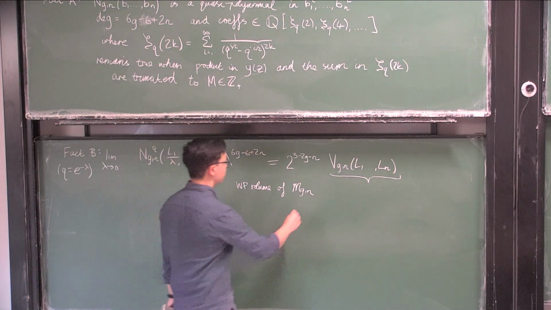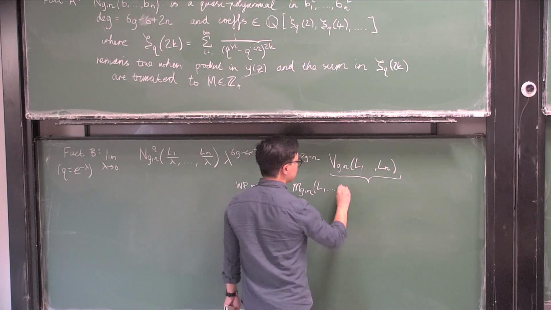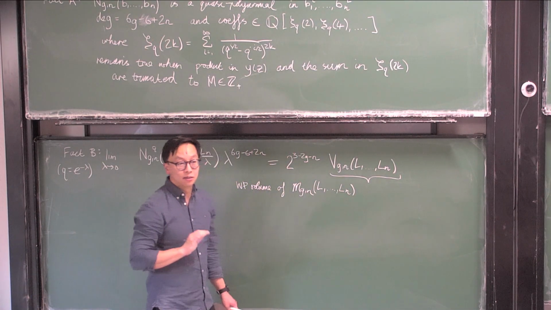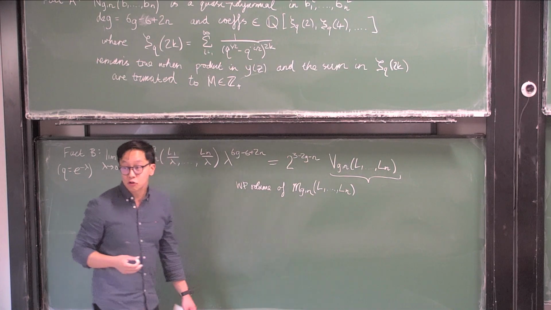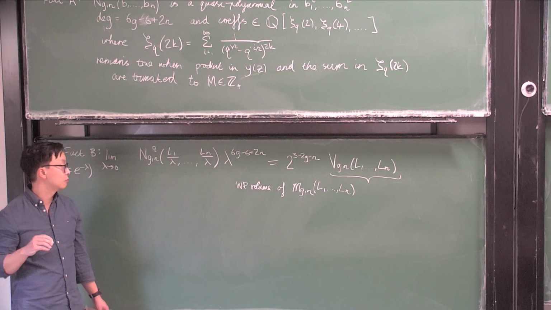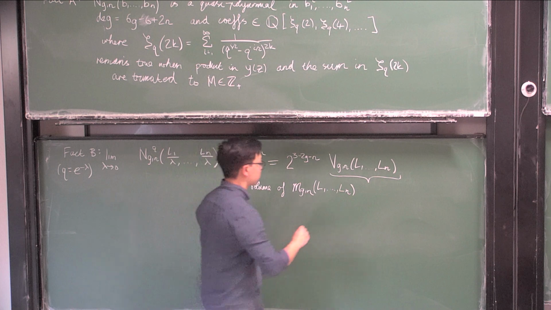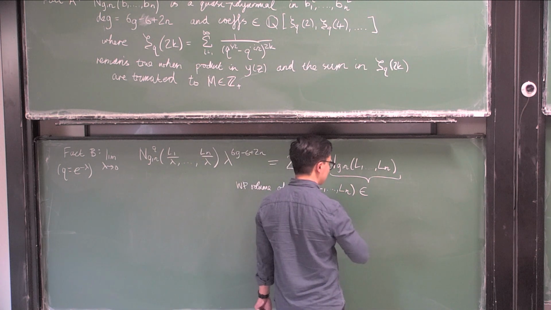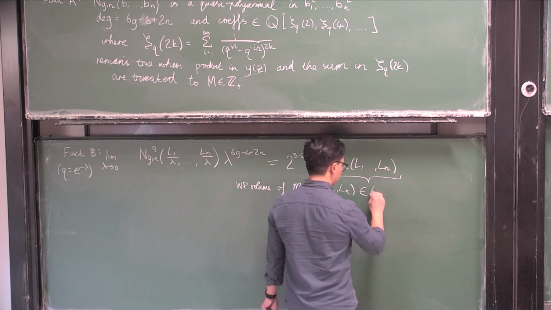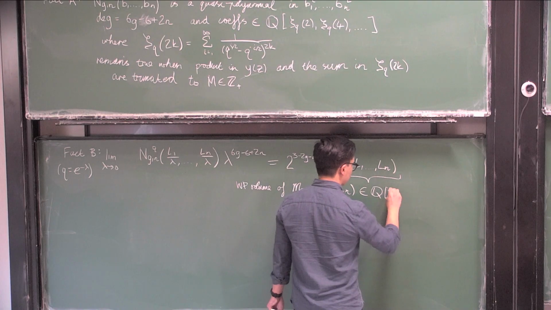This is the volume of the moduli space of hyperbolic surfaces with prescribed boundary lengths. It has this beautiful symplectic form, which touches on what Leonia was telling us about in the earlier talk today. And we know that this is a polynomial with coefficients that have to do with pi squared.